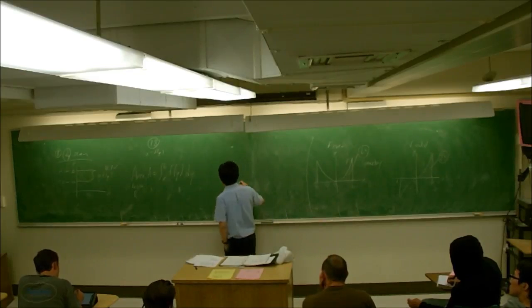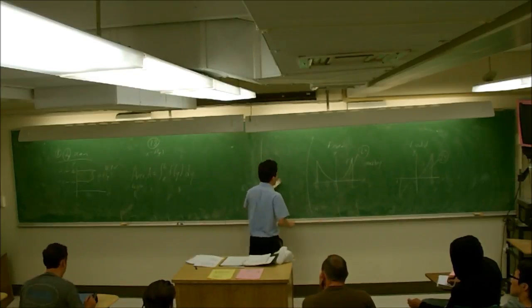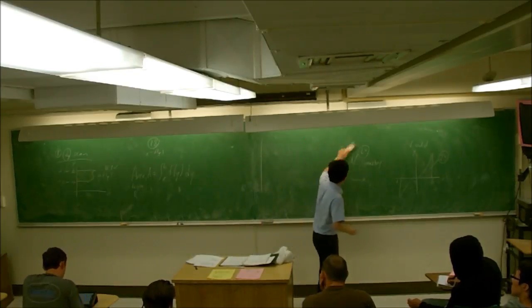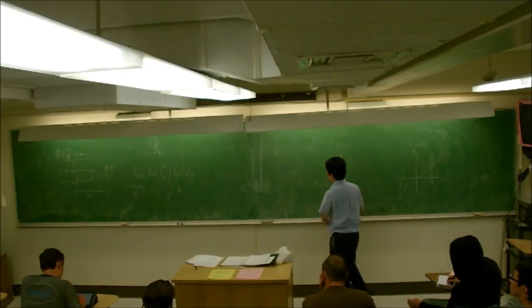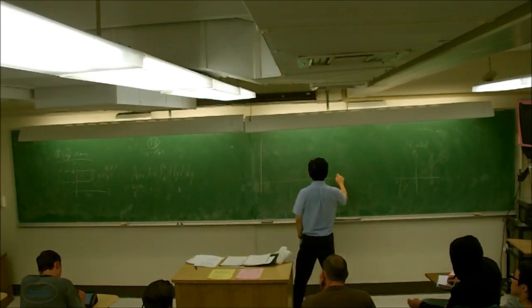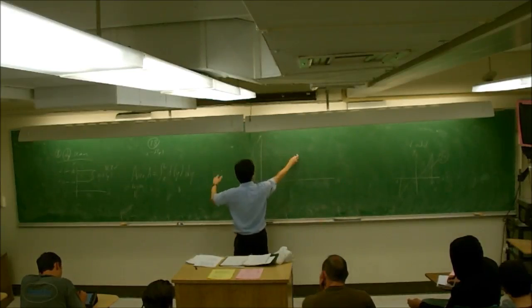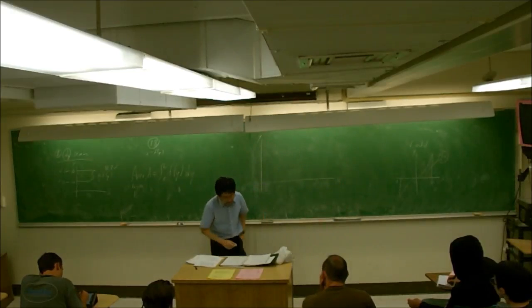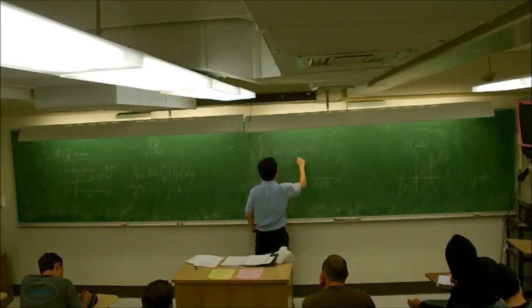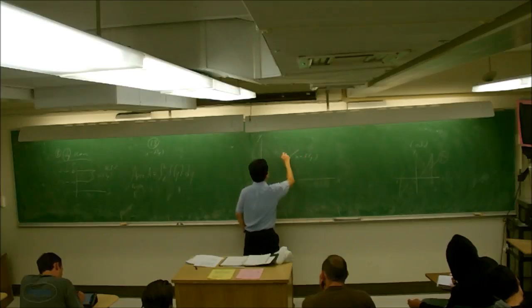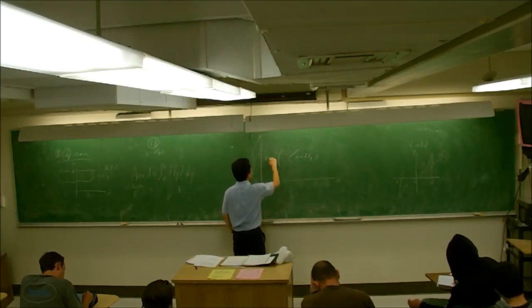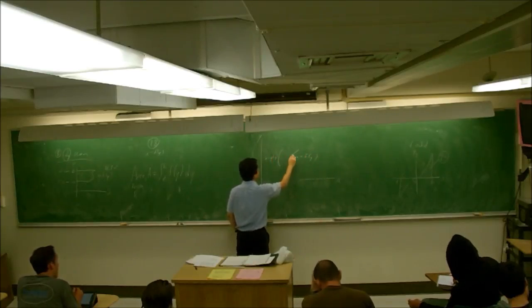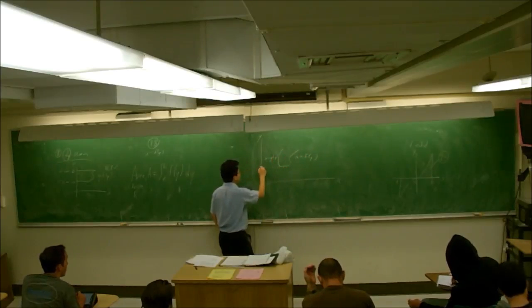Now, what if we have a gap? Or we just have two guys, and they create a gap. Maybe one guy's here, one guy's here. Let's say we have x equals f of y, and we have x equals g of y. I'm kind of spoiling you. I'm giving you the limits of integration.